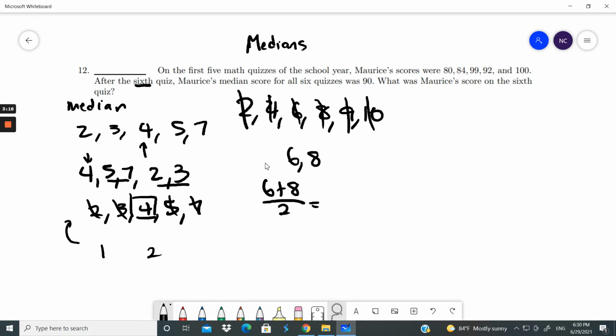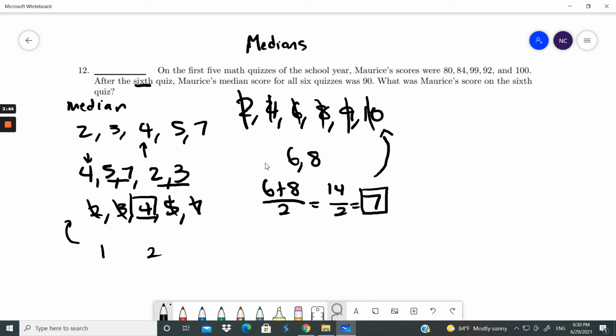Your arithmetic mean would be 14 over 2, which would be equal to 7. So your median of the set would be 7, even though 7 did not appear anywhere in this set. So just be careful when the number of numbers in the set is even, because you will inevitably have to do something like this unless the 2 numbers are the same.